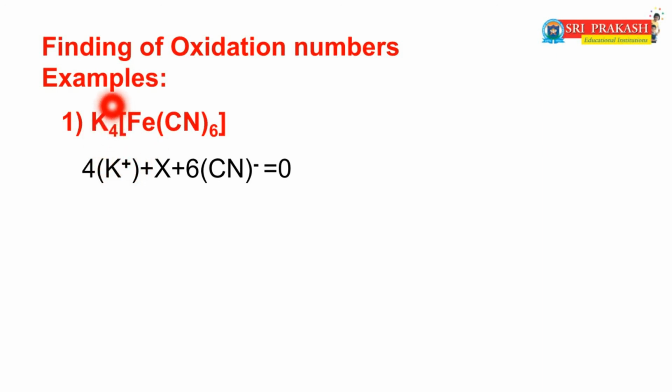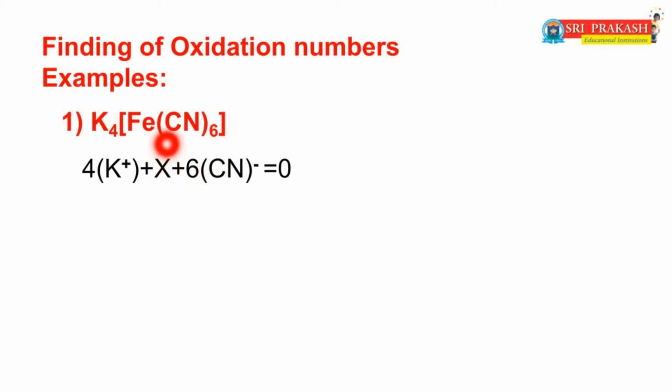Already all know that potassium is a first group A element, that means an alkali metal. What is the oxidation state of alkali metals? Yes, +1. The oxidation state of cyanide is -1.